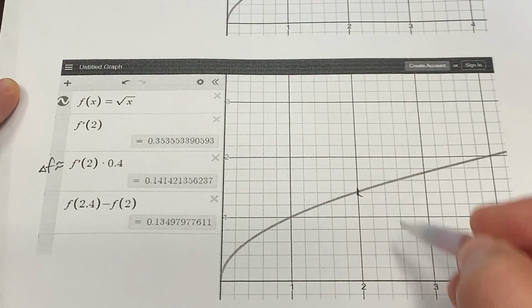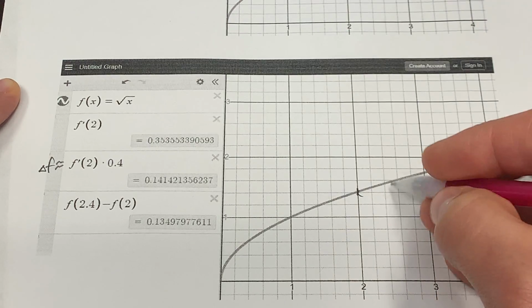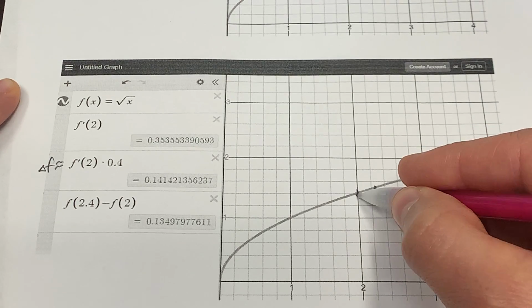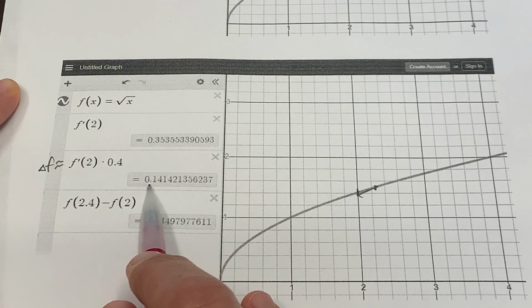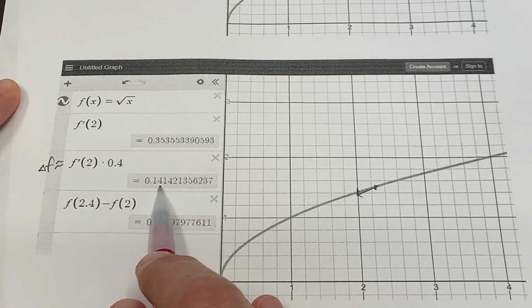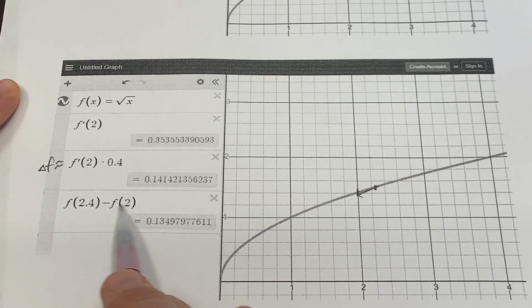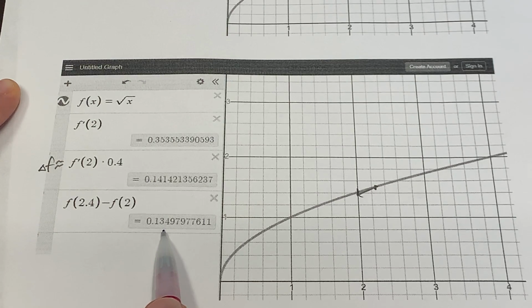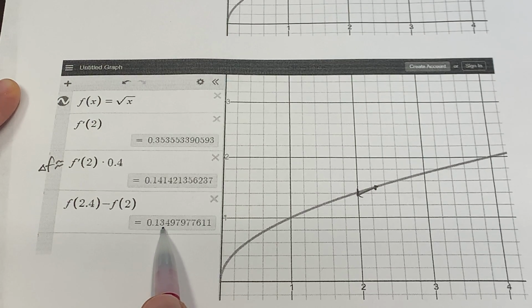So I'm going from here to 2.4, something like that. There's my approximation, 0.141. Here's the actual calculation. You can see I'm a little less than 100th off. That's pretty good. That's pretty good.